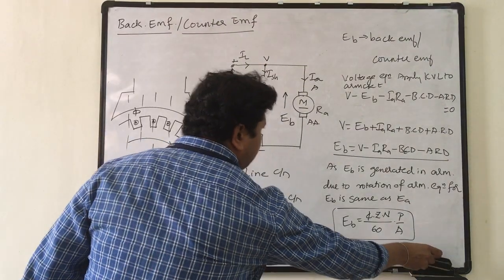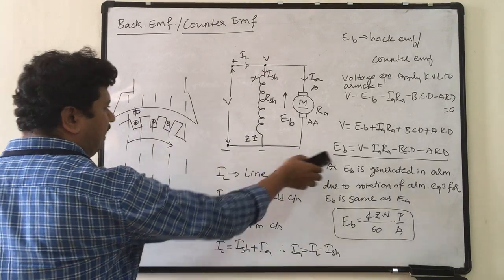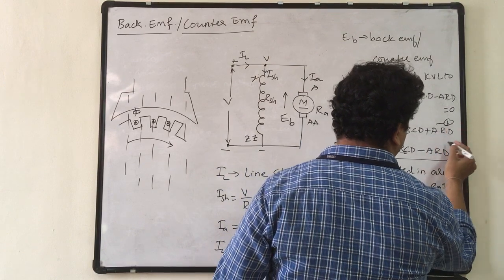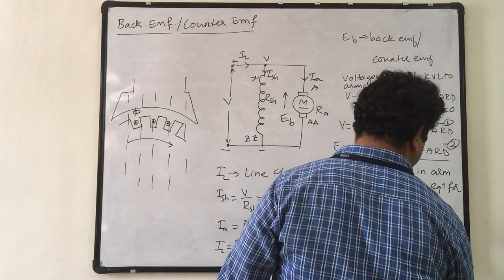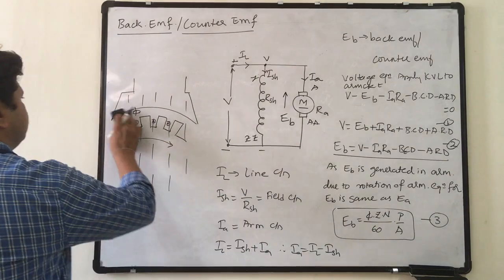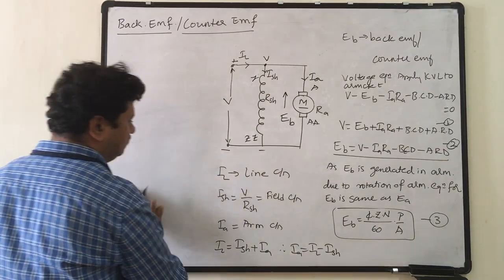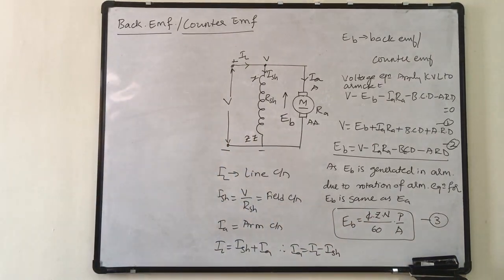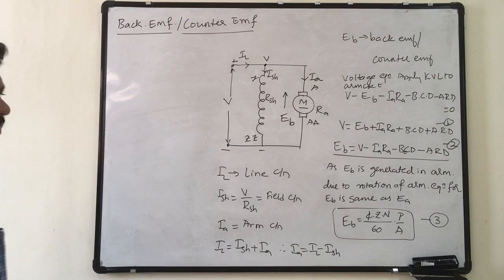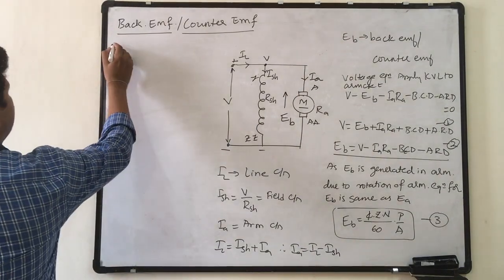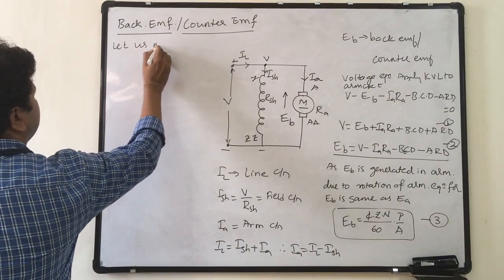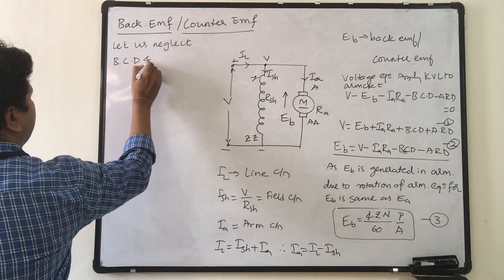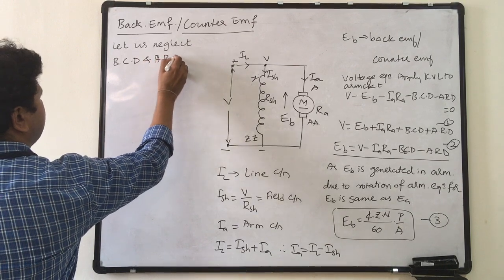So I will write this equation. You take this as equation 1, this as equation 2, this as equation 3. Neglecting brush contact drop and armature reaction drop.